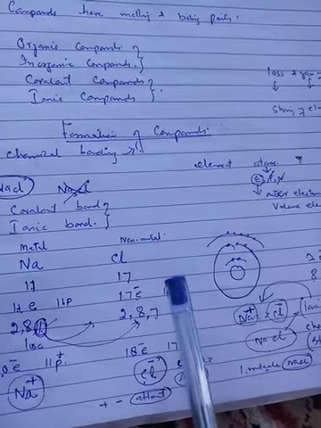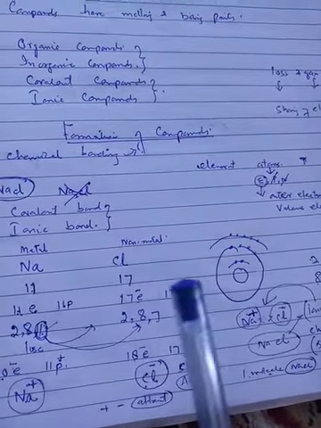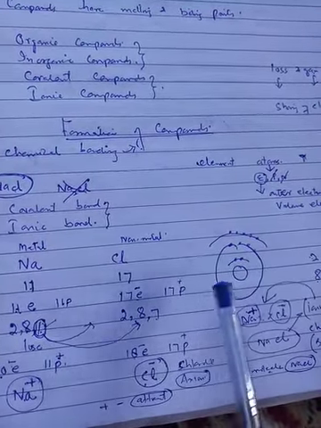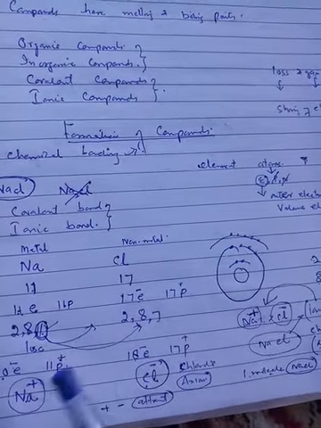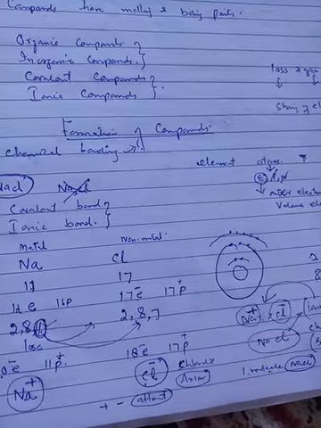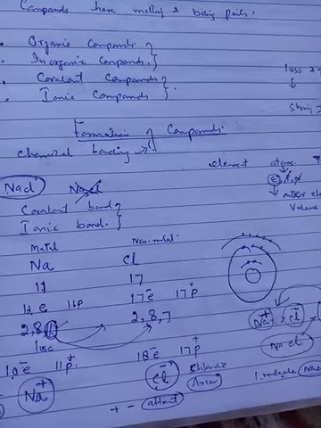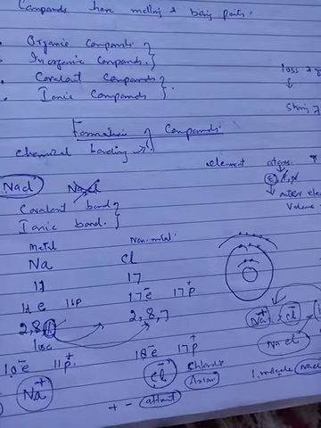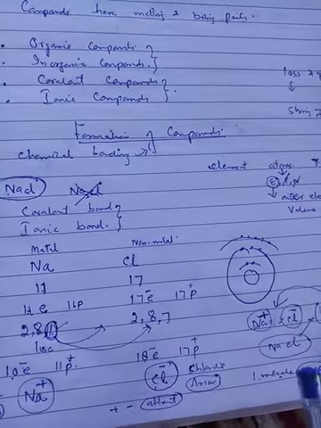In a chemical compound, the force between the two elements is called the chemical bond. So, dear students, the chemical bond is basically the force of attraction between two or more elements in a compound.